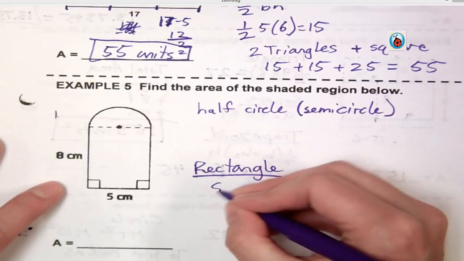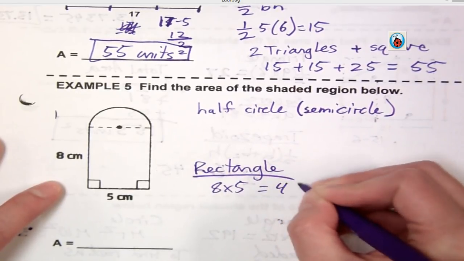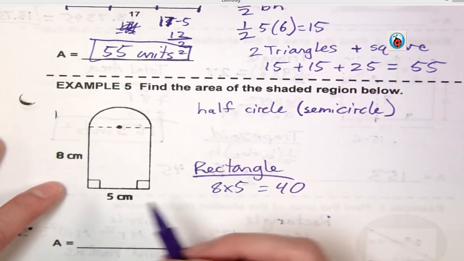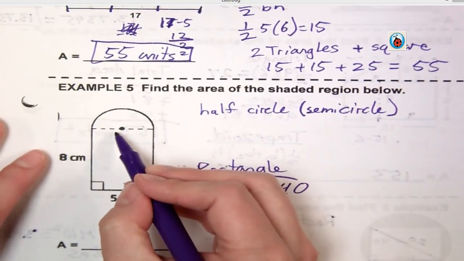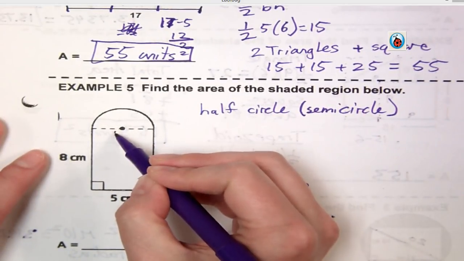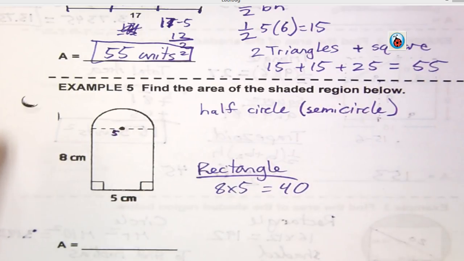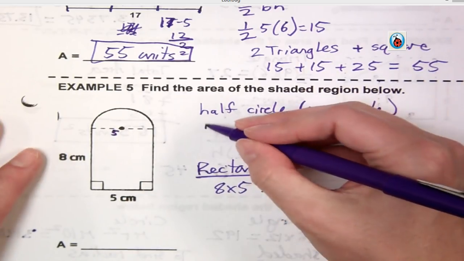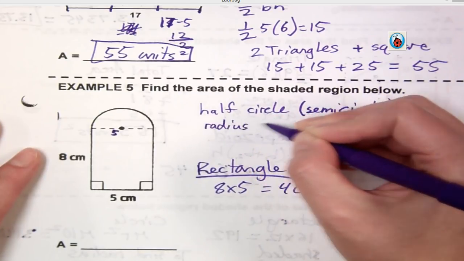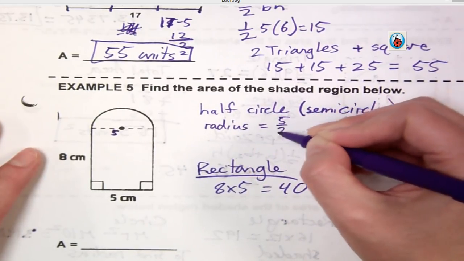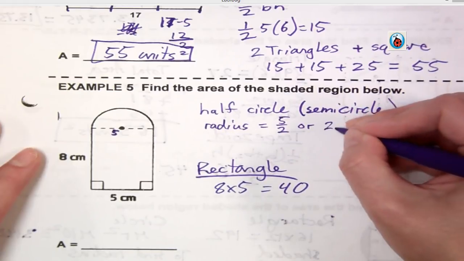It's really easy. 8 times 5 equals 40. That part's done. Now our circle, if this is 5, this also has to be 5. And so our radius would be half of that. So radius has to equal 5 divided by 2, or 2.5.